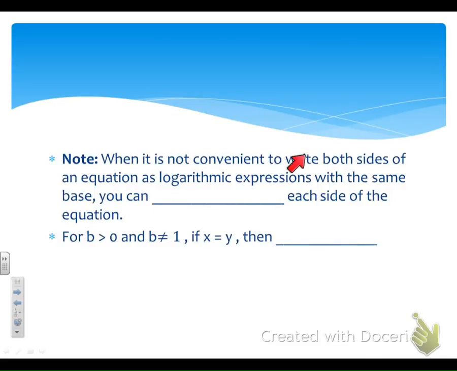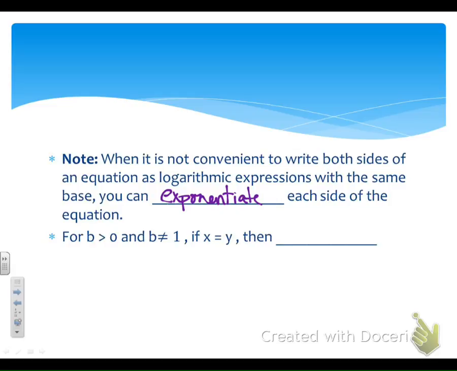When it's not convenient to write both sides of an equation as logarithmic expressions with the same base, you can exponentiate each side of the equation. I may have made up that word, but I don't know how else to describe it, because exponential form or exponentials undo logarithms.